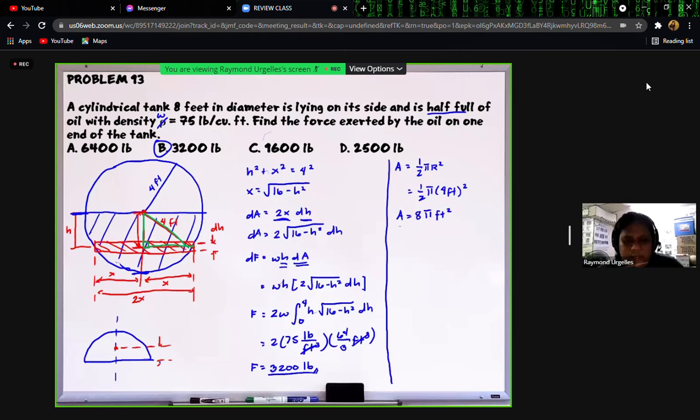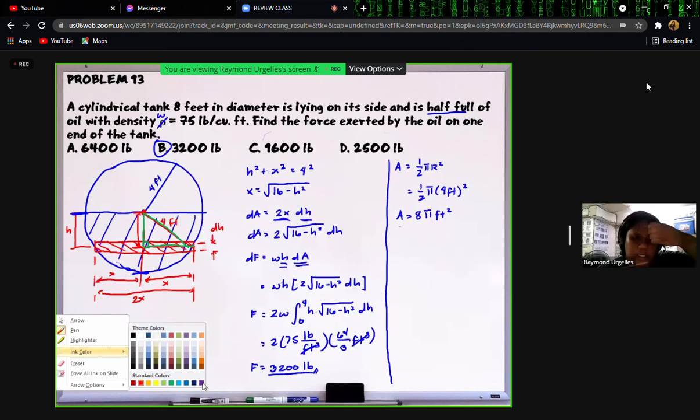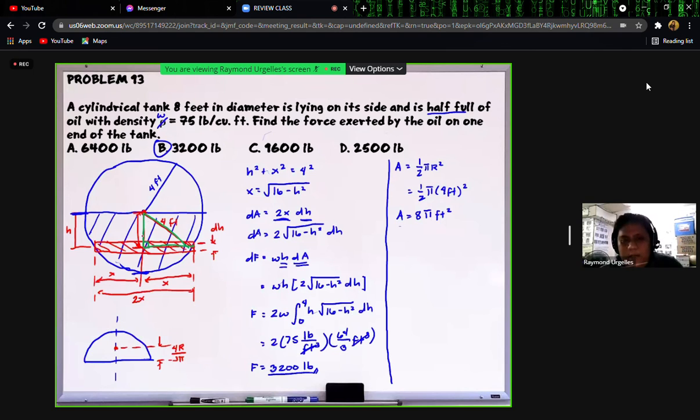Tapos, okay, nandito siya, such that yung layo natin mula dun sa base is given by 4 times the radius divided by 3 pi. Diba? So kaya dito sa figure natin, pwede nating sabihin na yung centroid natin is nandun sa gitna, somewhere dito, di ba? Tapos yung layo niya from the base, basically ito na yung h bar natin, di ba? So this is 4r over 3 pi, di ba?